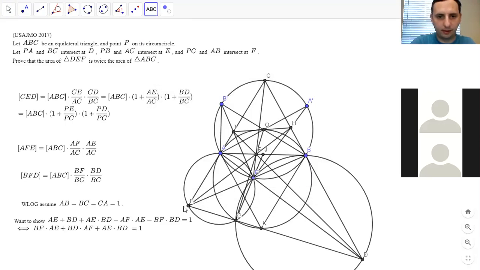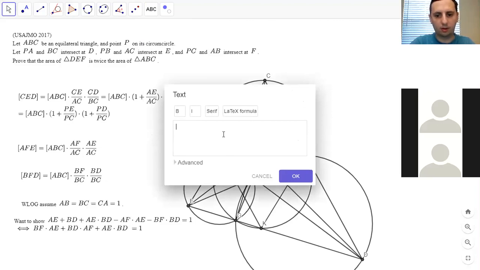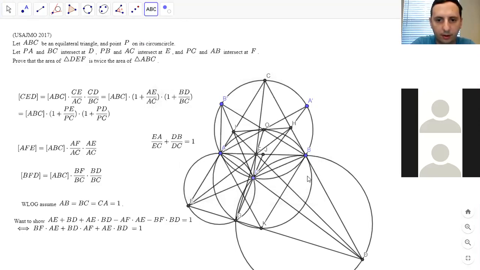So we have EA over EC. Whoops, where'd it go? I'm going to write this out in a little more detail in just a second. I just want to check because I think this might be the key idea right here. Because EA over EC is equal to AI over IC, which is PA over PC.